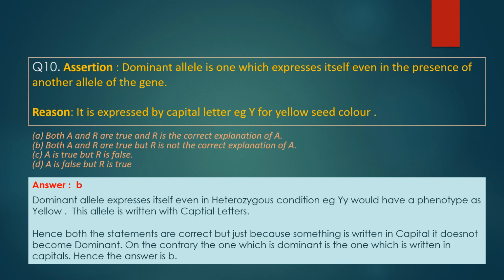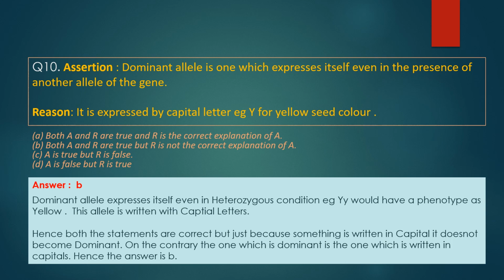Question 10. Assertion: Dominant allele is the one which expresses itself even in the presence of another allele of the gene. Reason: It is expressed by a capital letter. Example, capital Y for yellow seed color. The first statement is absolutely correct. That is the definition of a dominant allele, because it expresses itself even in a heterozygous condition. Example, if you have a capital Y, small y, still the phenotype will be yellow.